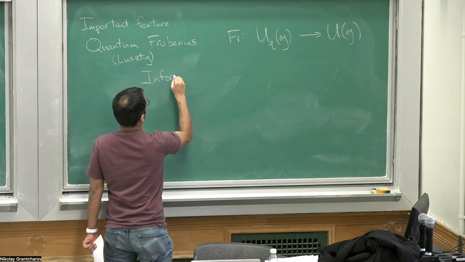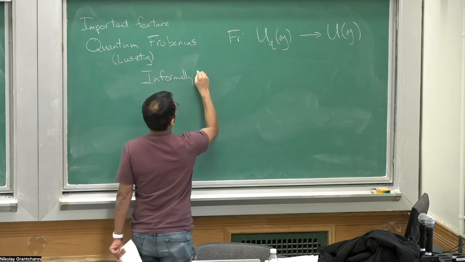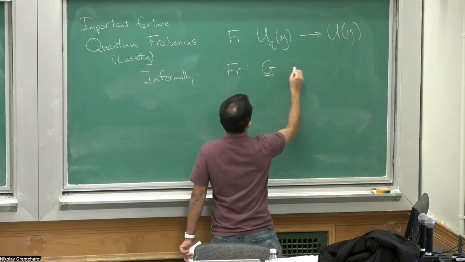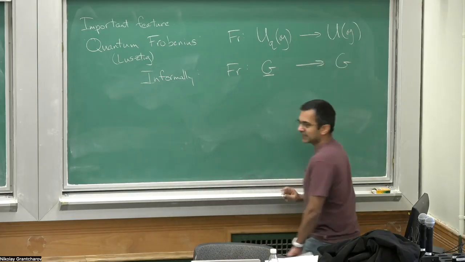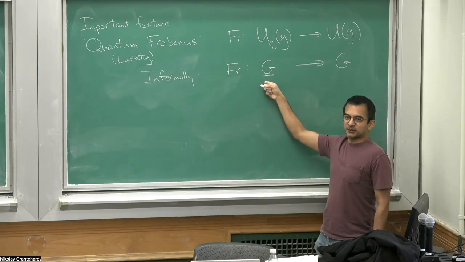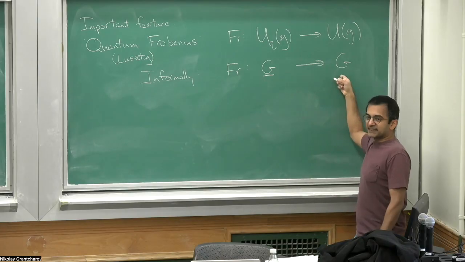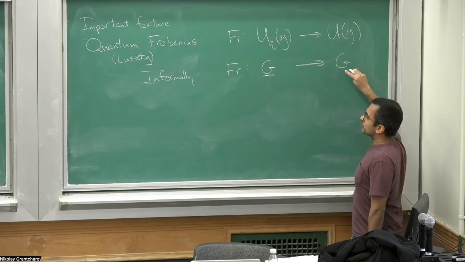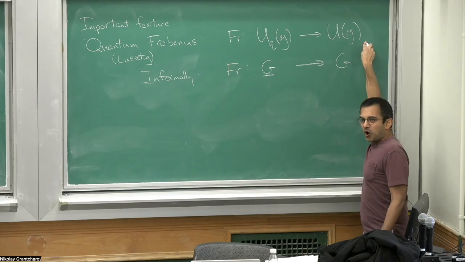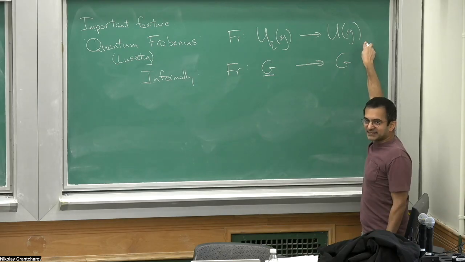And informally, I want to write it as a map from G underline to G. So it's not literally a map from this. I mean, this is a Hopf algebra, not a literal group. This is a literal group, but representations of this thing and representations of this thing are almost the same thing since we're in characteristic 0.